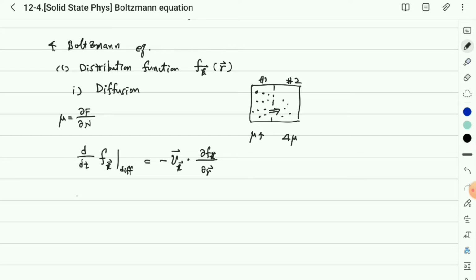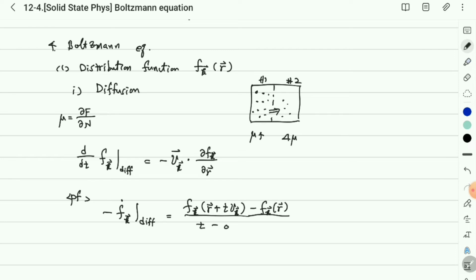Let's prove it by considering the time derivative of the distribution function: at some time difference t, f_k has varied, so we have f_k(r plus t v_k) minus f_k(r), over the time interval t. This is a distribution function.